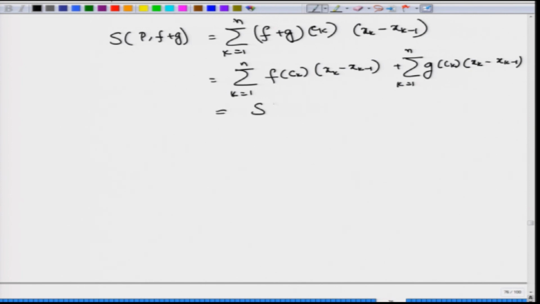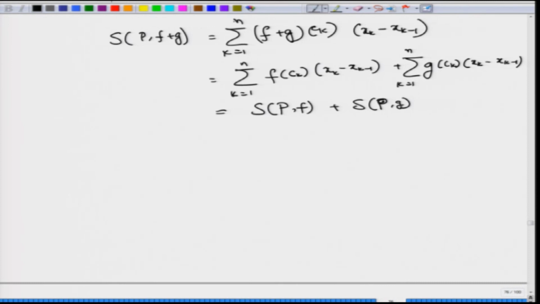This is essentially S P of f plus S P of g. You see, this partition P is dependent on the choice of c k that you were taking. So, now as you take norm of P going to 0, the right hand side exists, so the left hand side is going to exist, and so this is going to be the integral of f plus g, which is integral of f plus integral of g. Thank you.